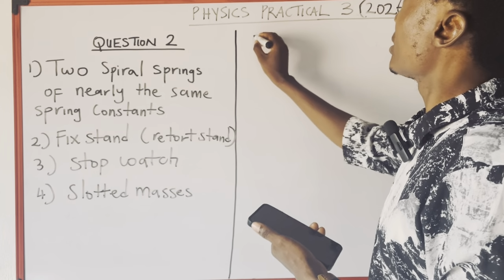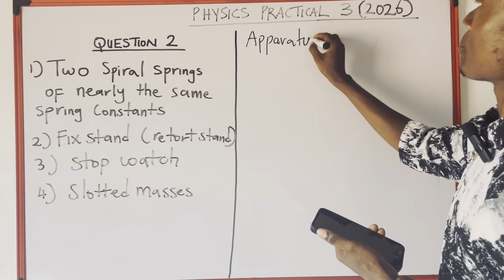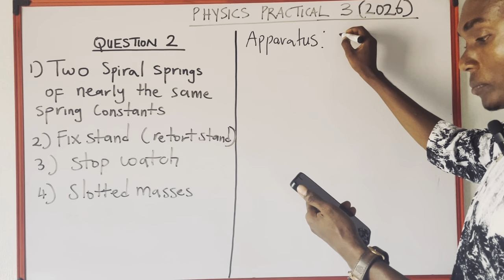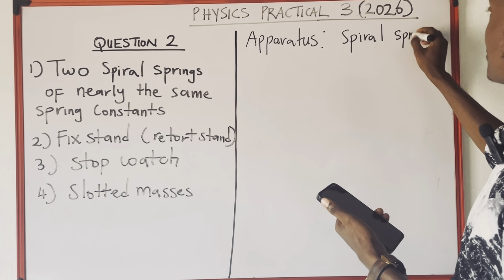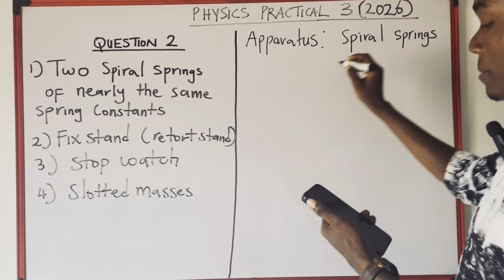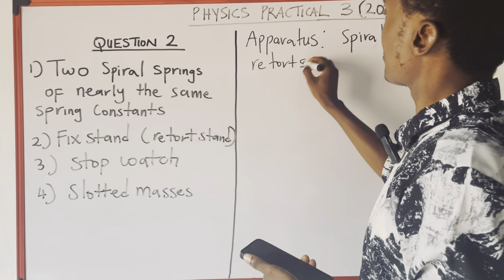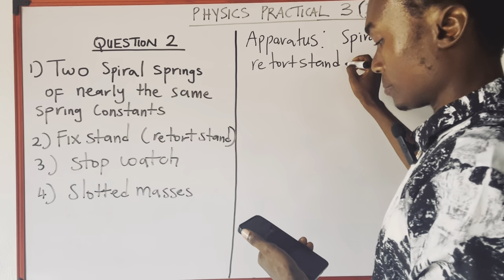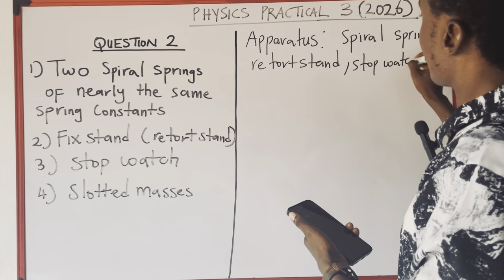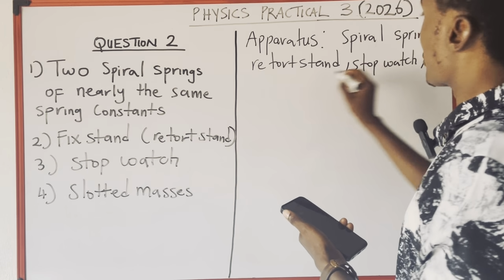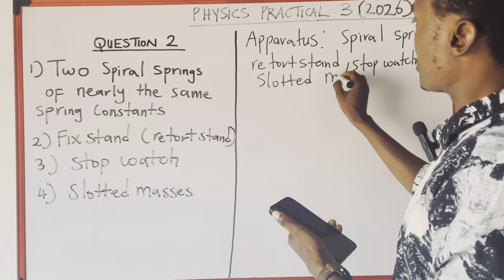First one, apparatus: spiral springs, rotor stand, stopwatch, slotted masses.